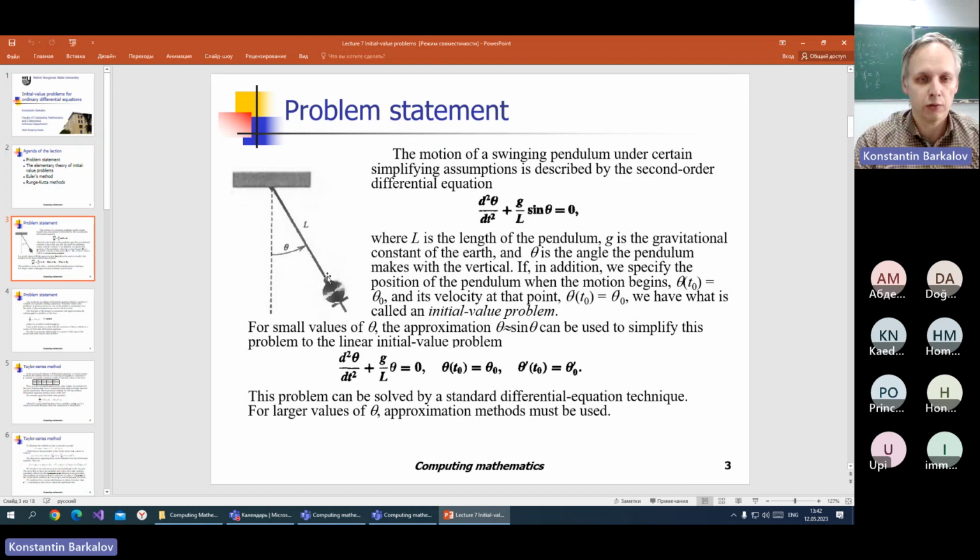Suppose that I know the length of the pendulum, and the question is, what will be the angle theta between the current position of the pendulum and the vertical line?